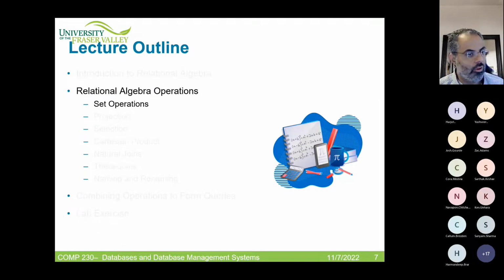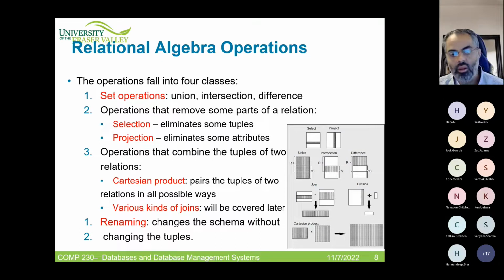So let's start with the operations. What different operations will we have? We have four classes of operation that we are going to deal with today. Set operations, like union, intersection, difference.